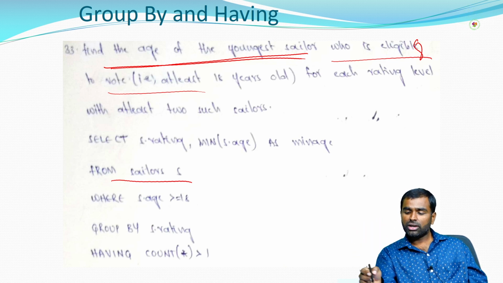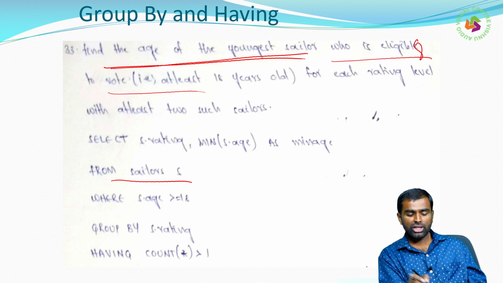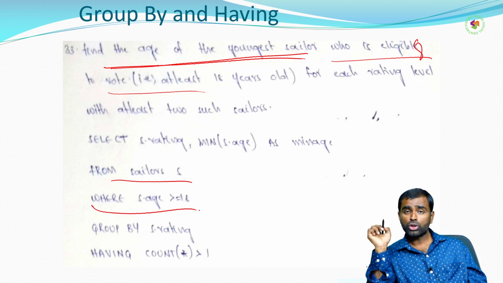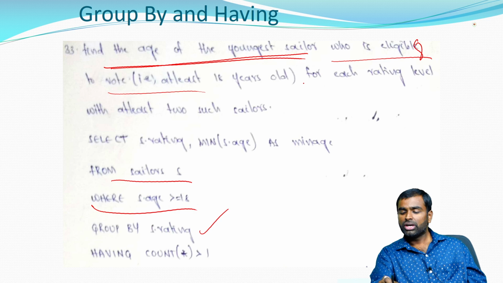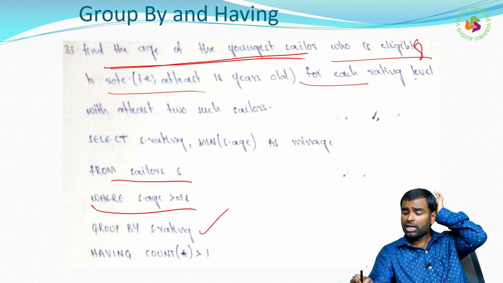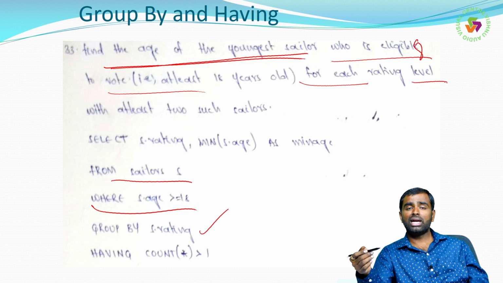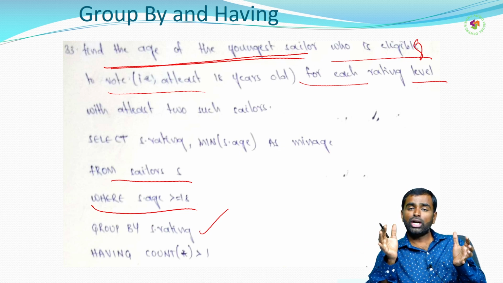For each and every record, the condition, for example who is eligible to vote, you have to give in the where portion. In group by, for each means different levels you are creating, and different levels means different groups.